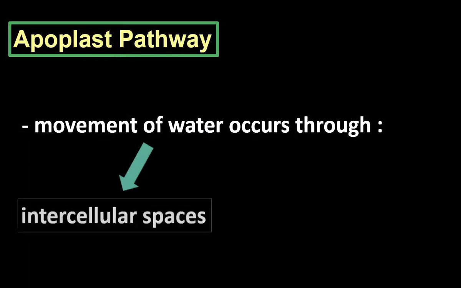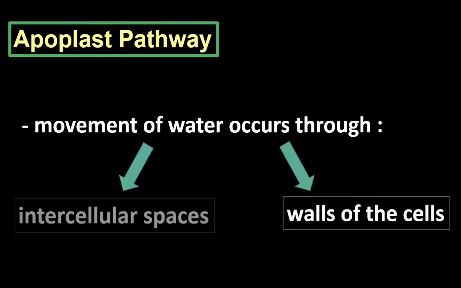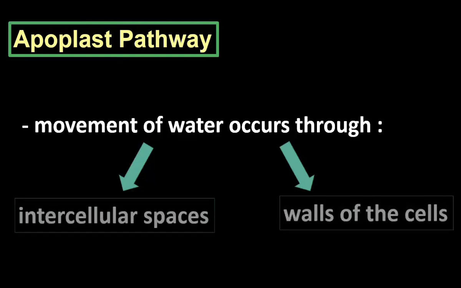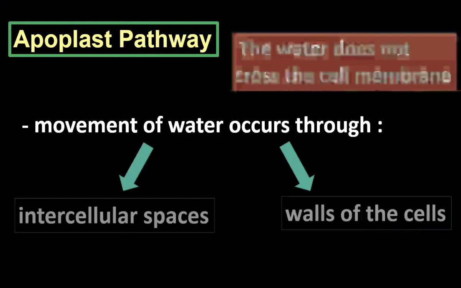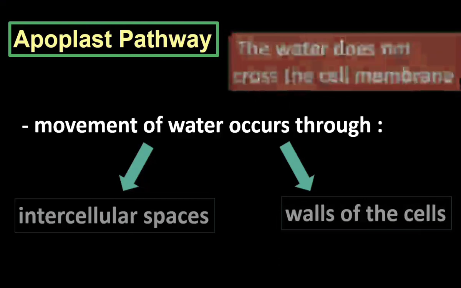In the Apoplast pathway, water movement takes place through the intercellular spaces and the walls of the cells. Water passes through the cell walls. The water does not cross the cell membrane. That means the water does not enter into the cell.